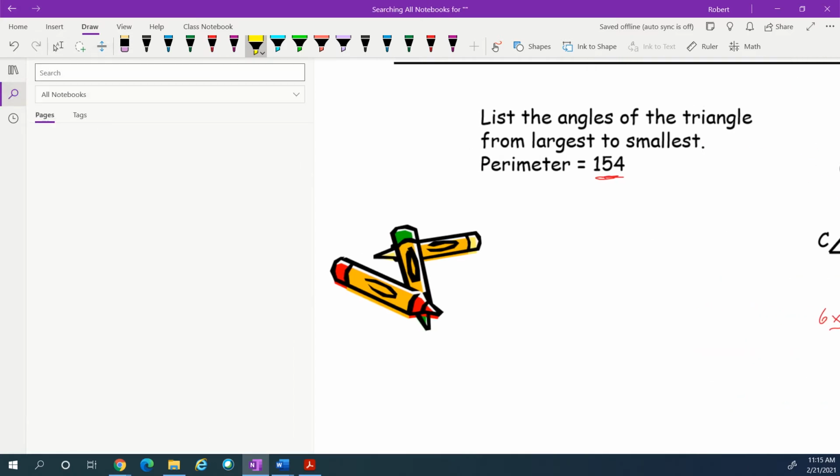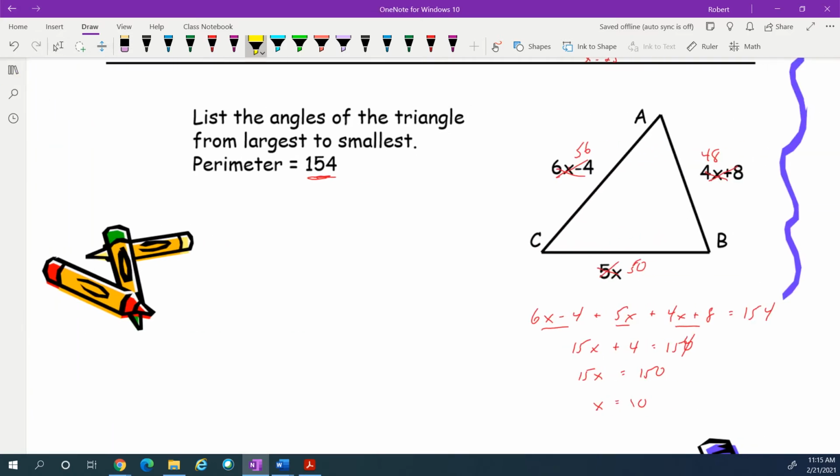We're asked to list the angles from largest to smallest. So again, the biggest angle is opposite the biggest side. If 56 is the biggest side, then angle B is the largest angle. And we can work our way down from there.